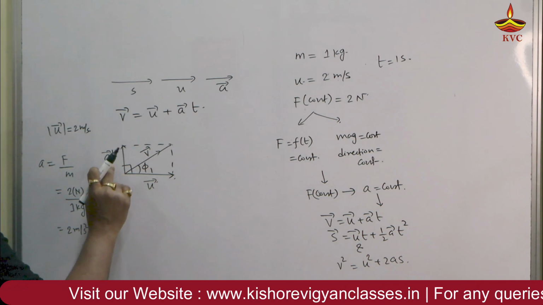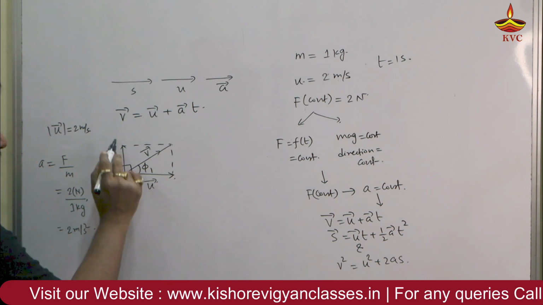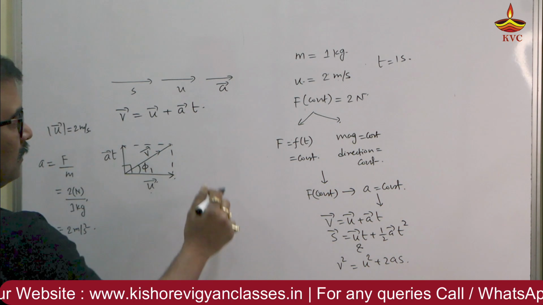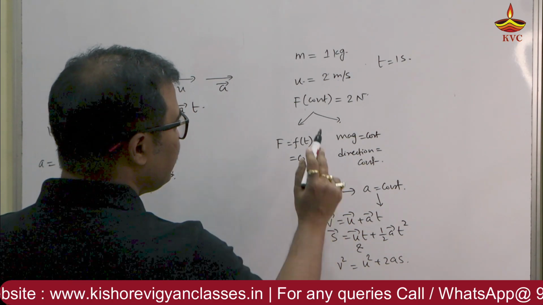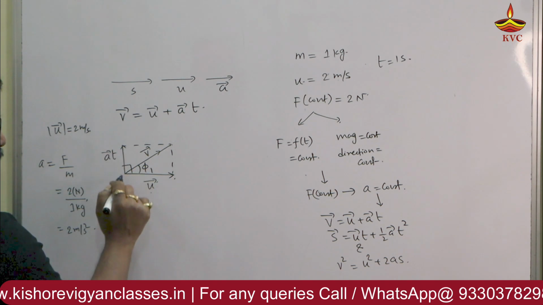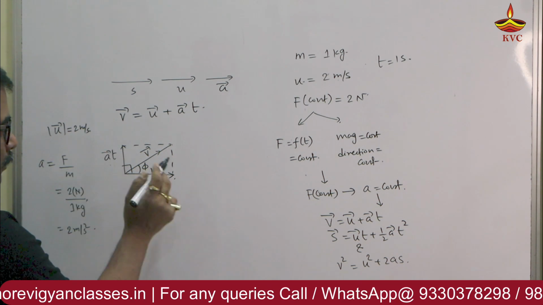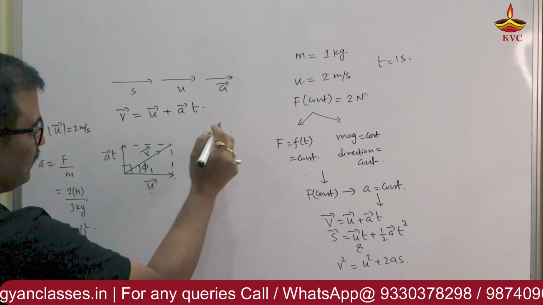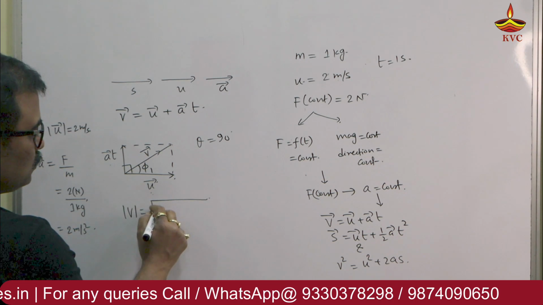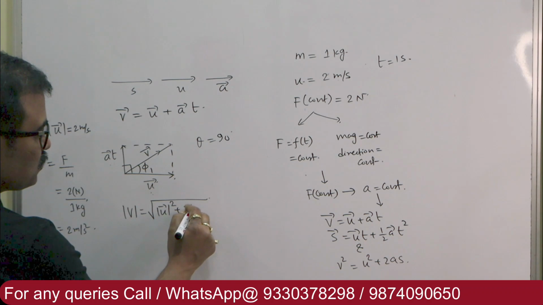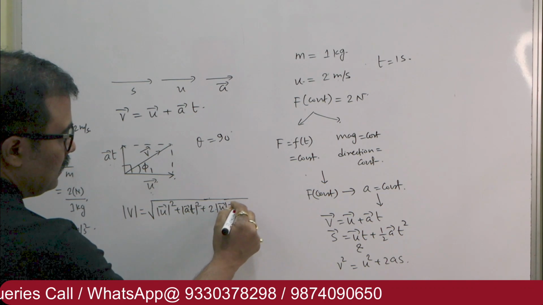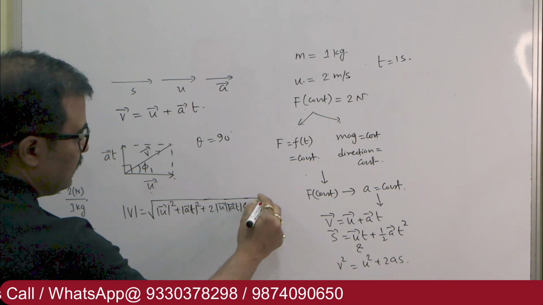Now why have I drawn this at vector perpendicular to u? Because the exerted force is perpendicular to the initial velocity vector, so the acceleration will be perpendicular to the initial velocity vector. That's why u and at are perpendicular to each other, that means theta equals 90 degrees. So v is the square root of u square plus mod at square plus 2 u at cos 90.